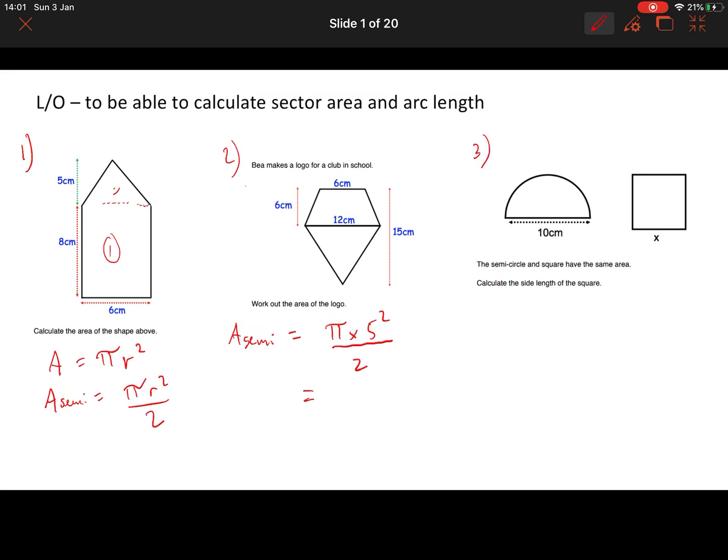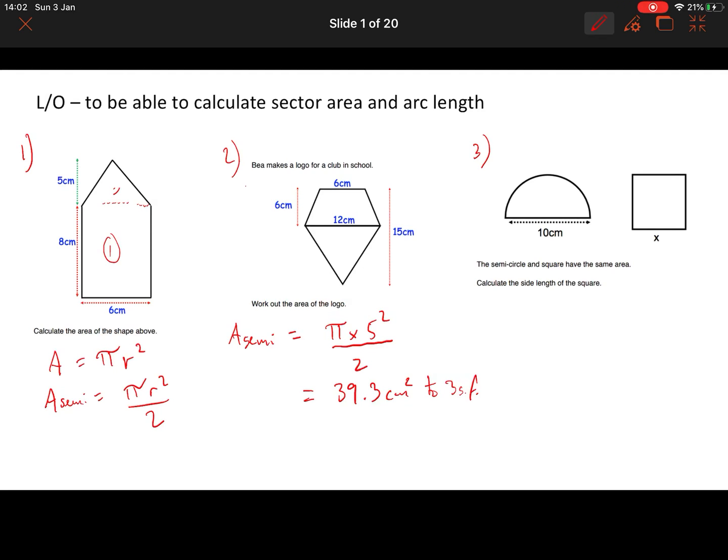And so the area, now just using my calculator, I'm going to write it to 3 significant figures. So shift pi times 5 squared divided by 2 equals, according to my calculator, 39.3 centimetres squared to 3 significant figures. Not exactly, but to 3 significant figures.